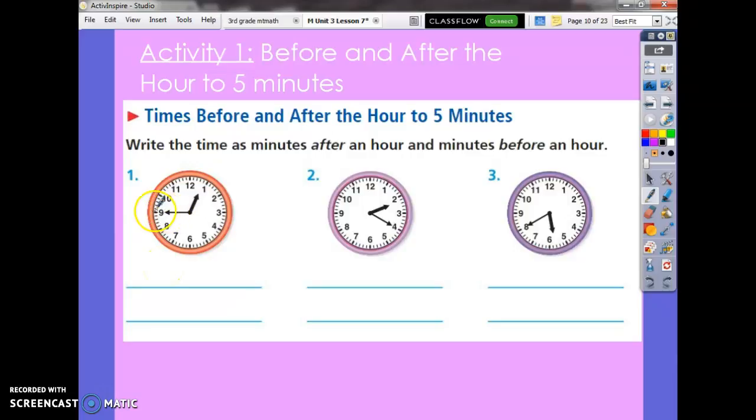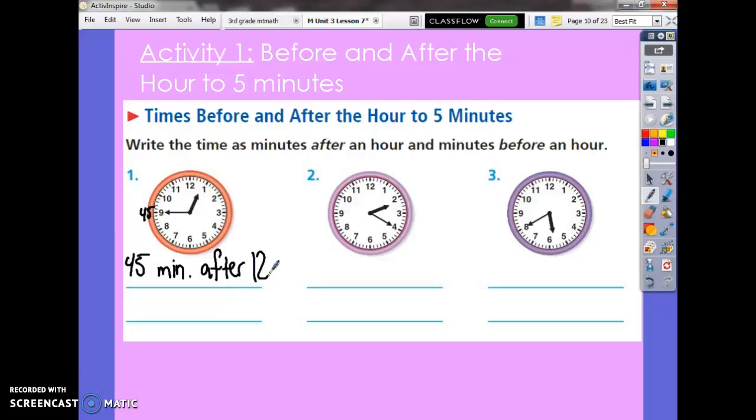And I'm at the 45-minute marker. This means 45 minutes. So this is 45 minutes before 1 o'clock, after 1 o'clock, before 12, or after 12. Okay? This is 45 minutes after 12.